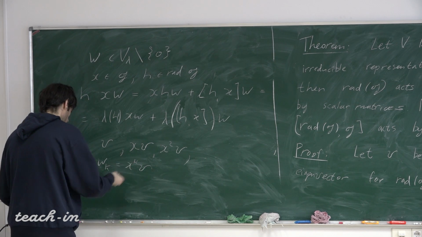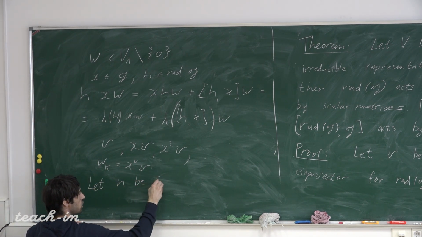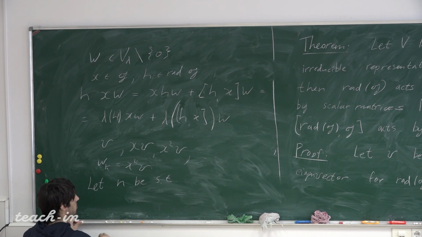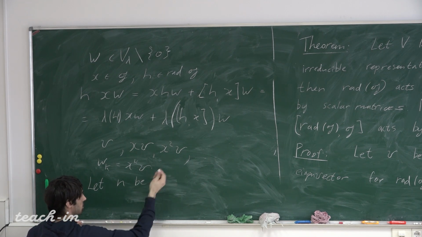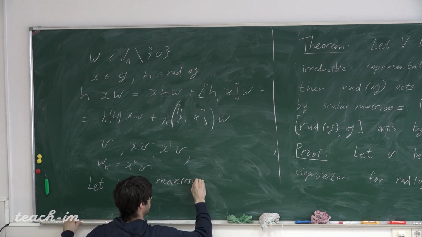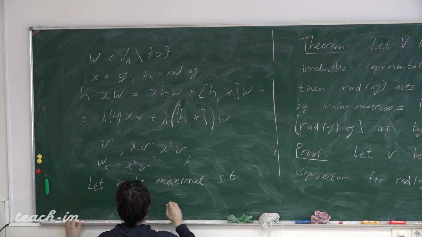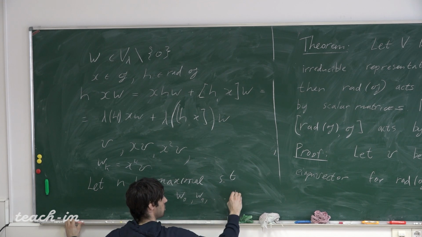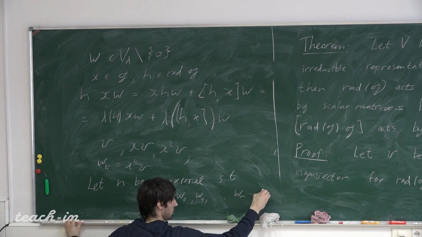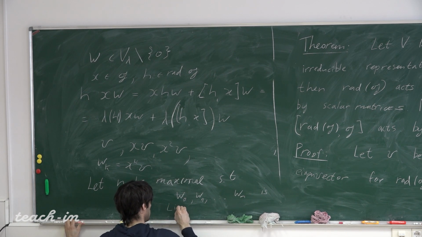So let n be maximal such that W0, W1, and so on, Wn is linearly independent.